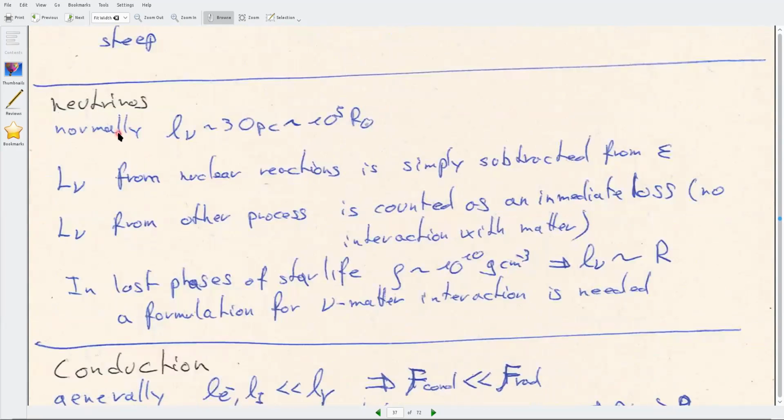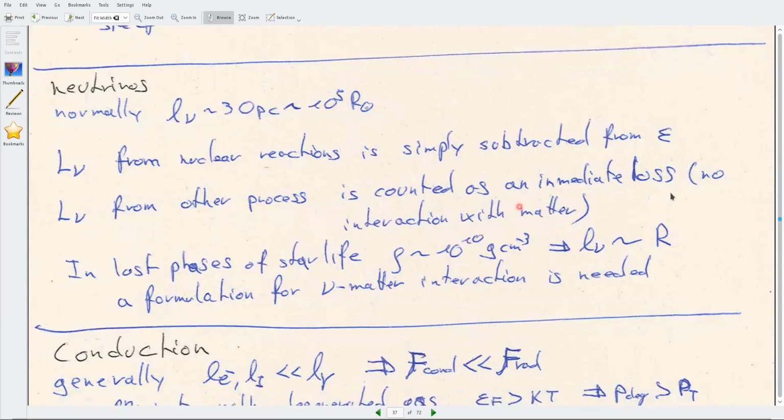There can be a flux for neutrinos, but since the mean free path of a neutrino is more or less like 100,000 solar radii, just skip it, it's just subtractive. So when we are considering the nuclear reaction, this loss in energy is just considered inside the epsilon.